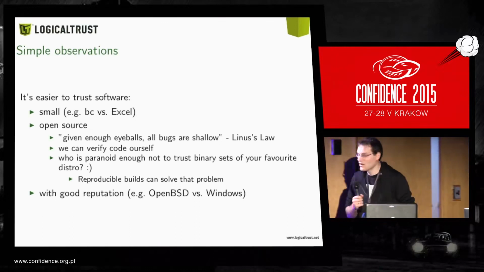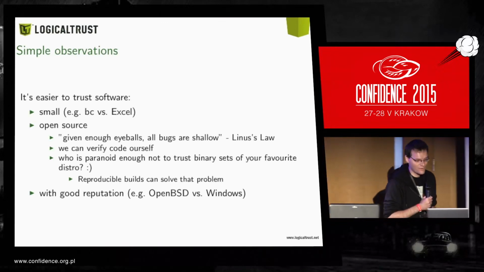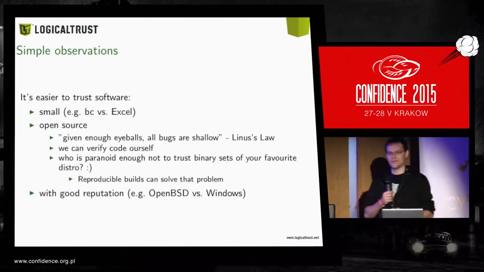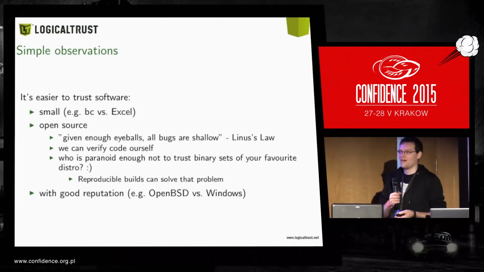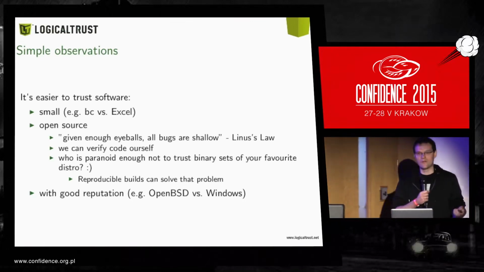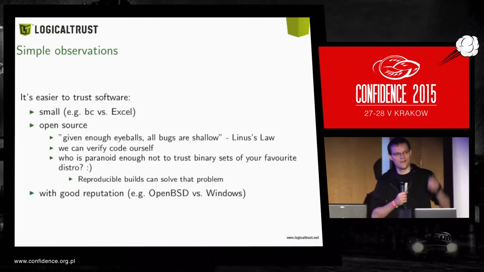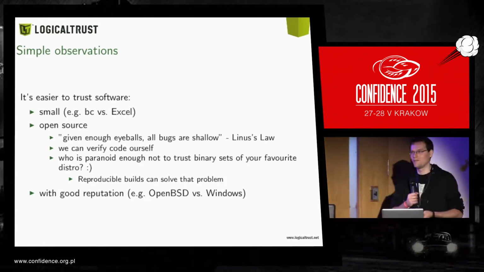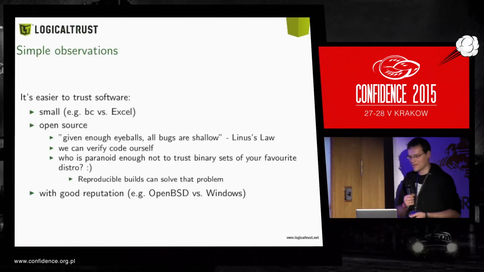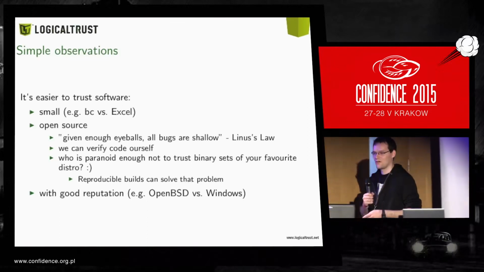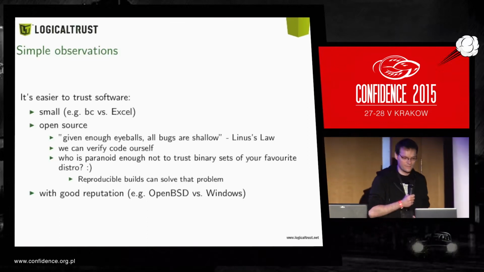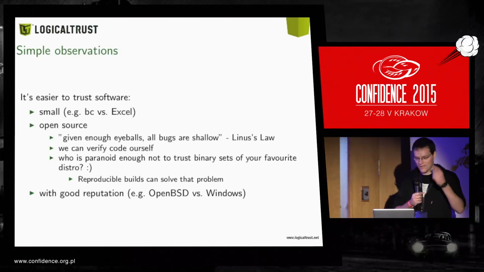And of course, with open source, we can verify the code ourselves, but you know it's not possible when you get, for example, from FreeBSD something like 15 million lines of code. You can't even scroll through that code in some sane time.